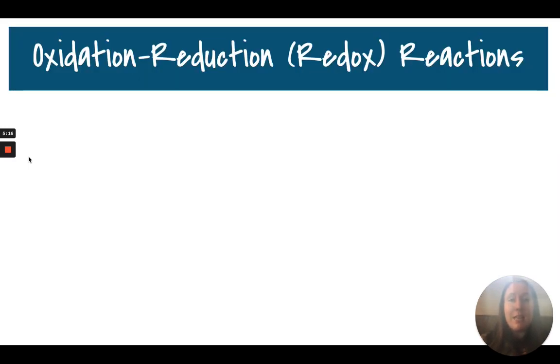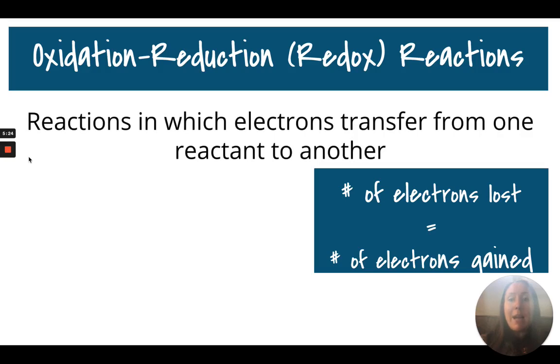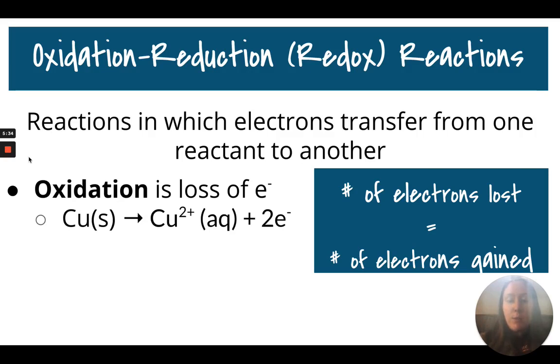This is called an oxidation reduction reaction, or redox reaction for short. This is a reaction where electrons transfer from one reactant to the other. Oxidation is loss of electrons, and that's what happened to copper. Copper solid turned into copper positive 2 because it lost 2 electrons. So we say that is oxidation. Copper was oxidized.